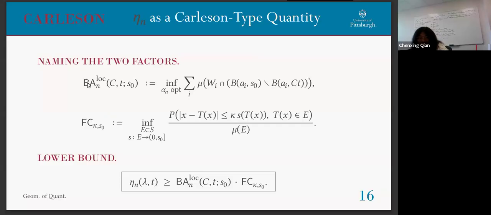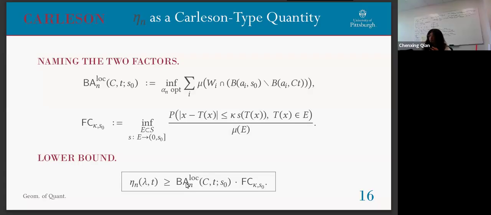This is called the base annulus quantity, and this is called the fiber contact quantity. We can show that the lower bound is related to these two quantities, and these two quantities are geometrically meaningful. They are more interpretable than the quantity eta n.